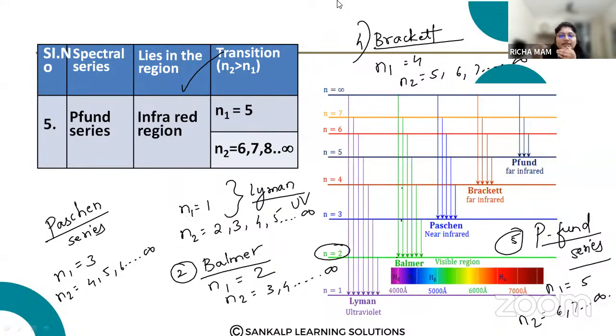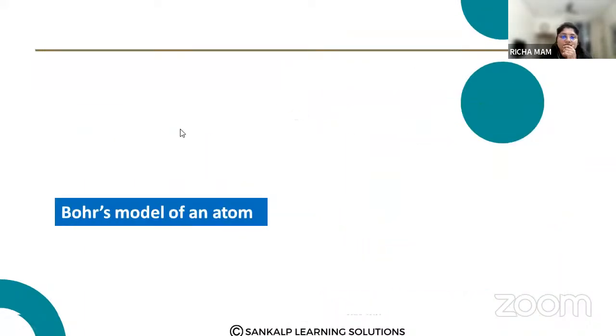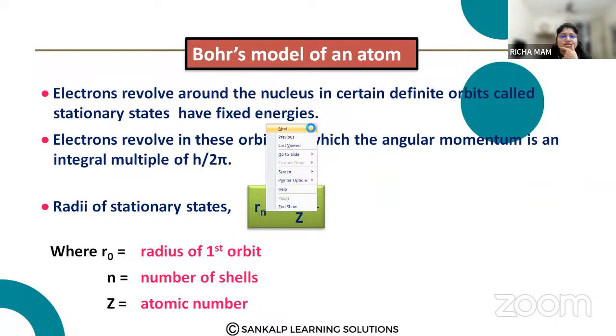Then Brackett series, n1 is equal to 4, so n2 will be 5, 6, 7. Then Pfund series, n1 is equal to 5, so n2 will be 6, 7, 8 till infinity. Remember this, very important, as it will be important when questions are asked.